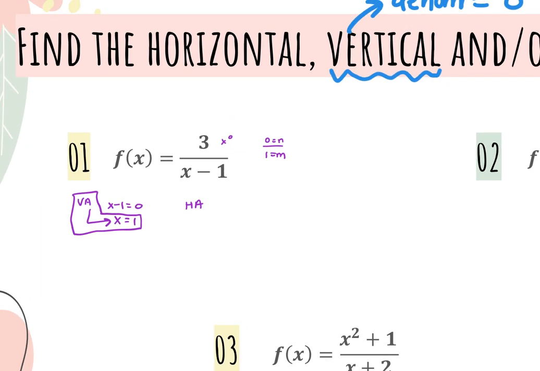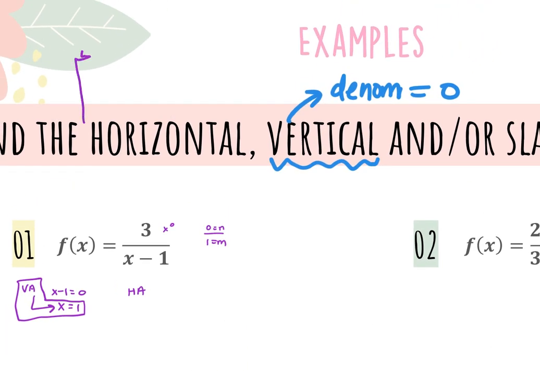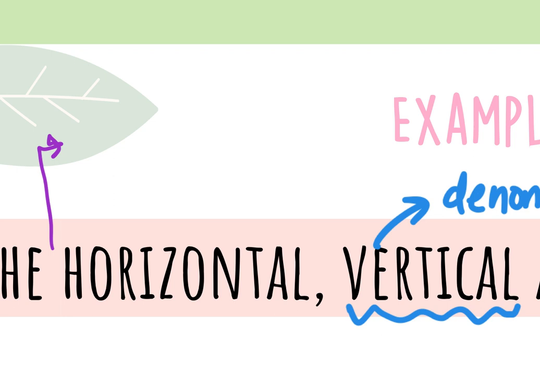We'll write it out so it's on here. Horizontal, there are 3 scenarios, right? If n is greater than m, there's no horizontal asymptote. If n is equal to m, then I do the leading coefficients. And if n is less than m, y is equal to 0. Those are the 3 scenarios.